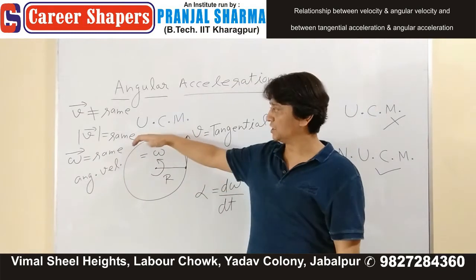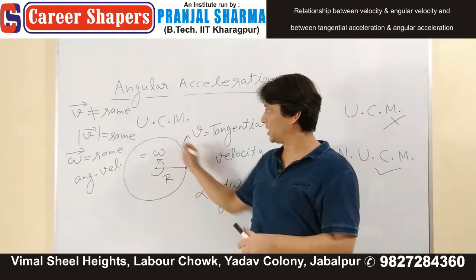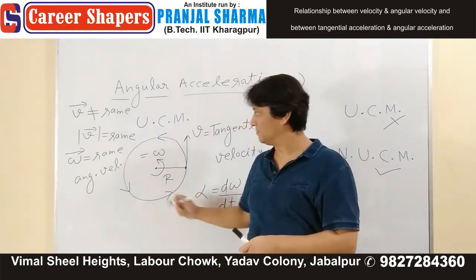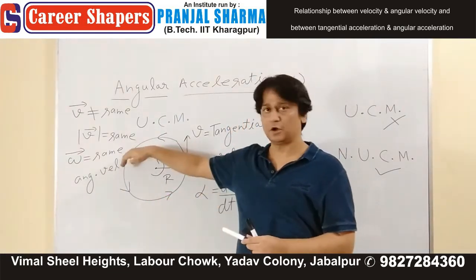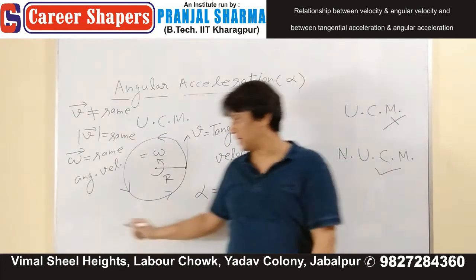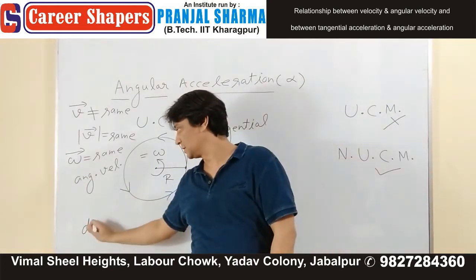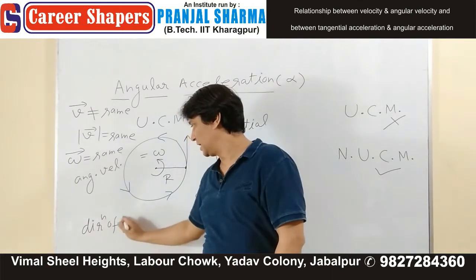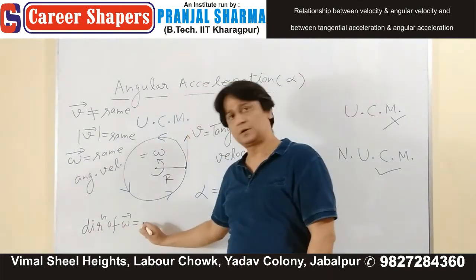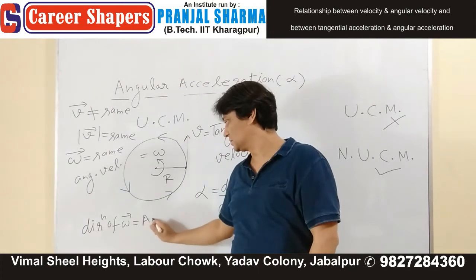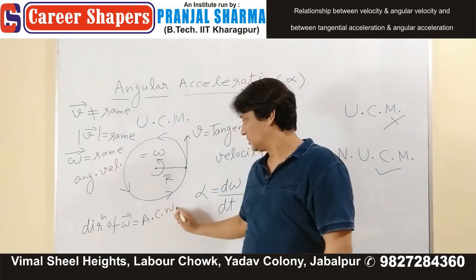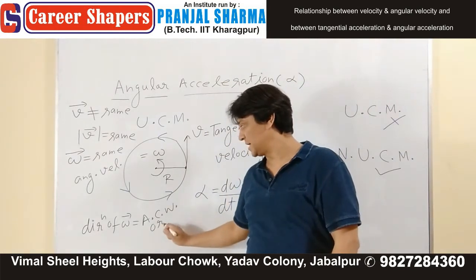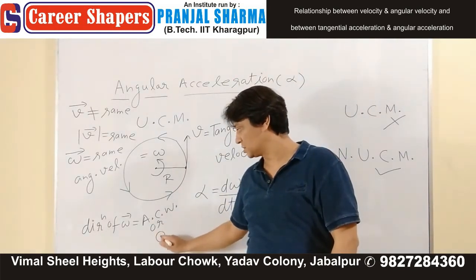This is the rotational sense. What type of rotational sense you have? Anti-clock. So the direction of omega vector in this case is anti-clockwise, which is same as dot.